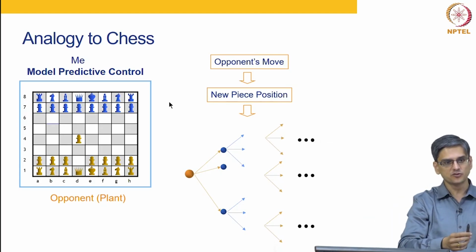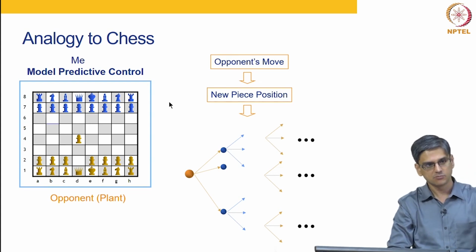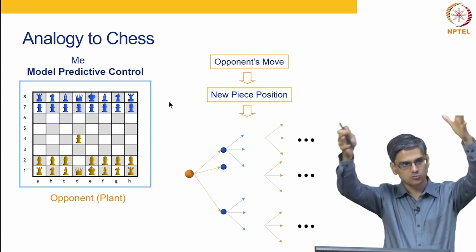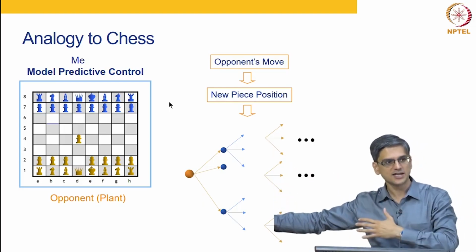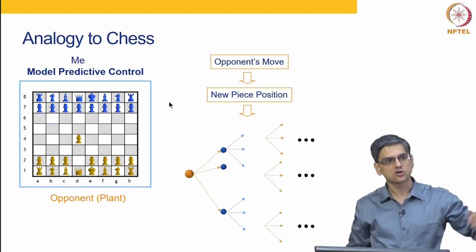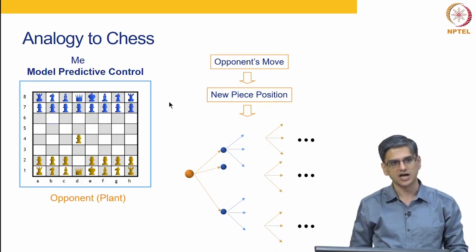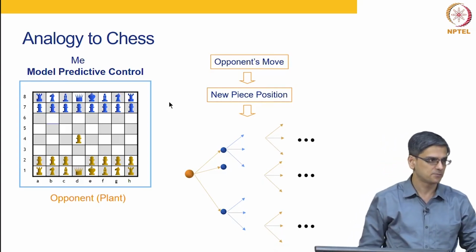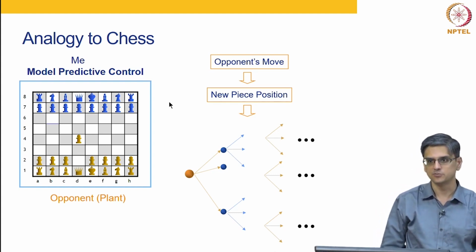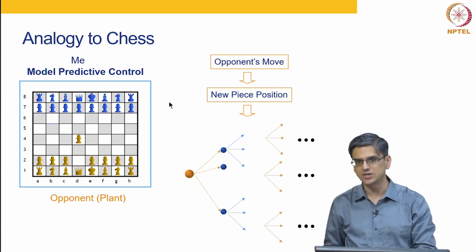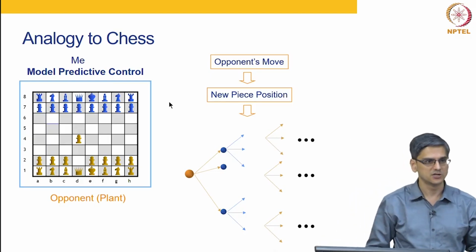For each of the future moves there is another small set. For each of those future moves there is another small set. So, if you look at the number of sets a long time into the future, the combinatorial options are very large. So, we need some kind of optimization in order to determine what are the best input moves, but you are not determining just one input move, you are determining multiple input moves.